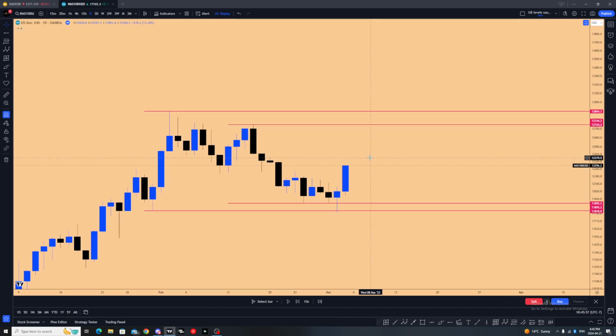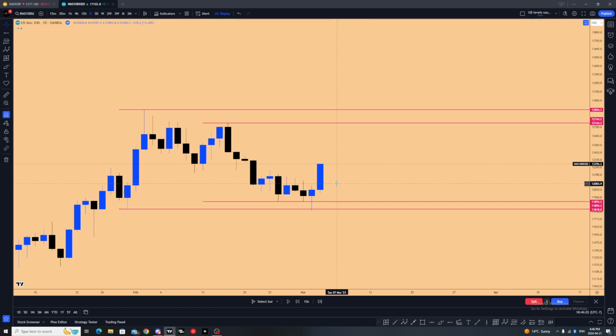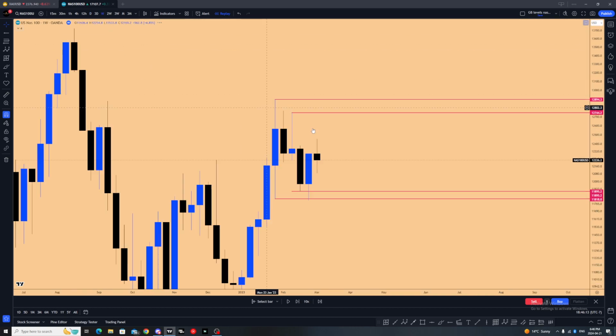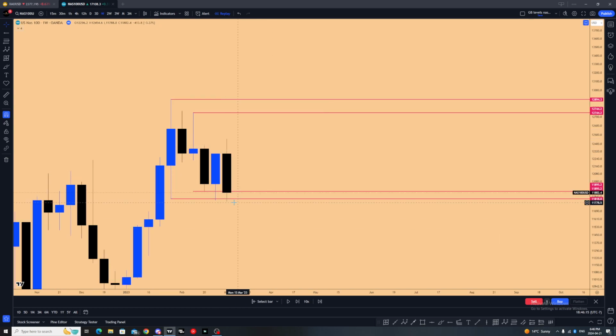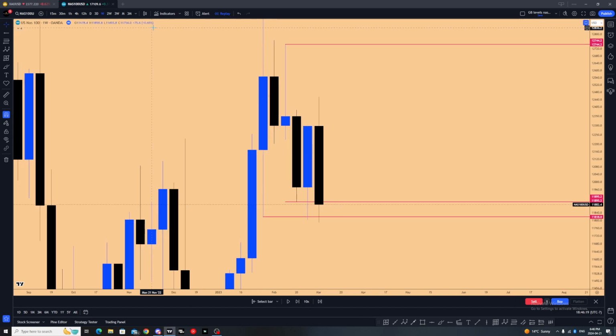This is a perfectly good pattern to hold. Even if it came back to my entry, that's fine. That's not a big deal, because the higher time frame premise is that because you ran the lows, these highs are next. Now for the next week, the market actually came back and it ran the lows again.